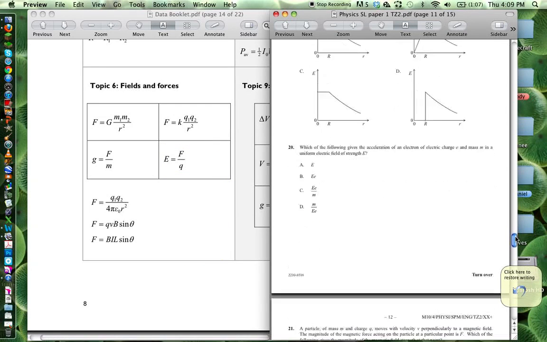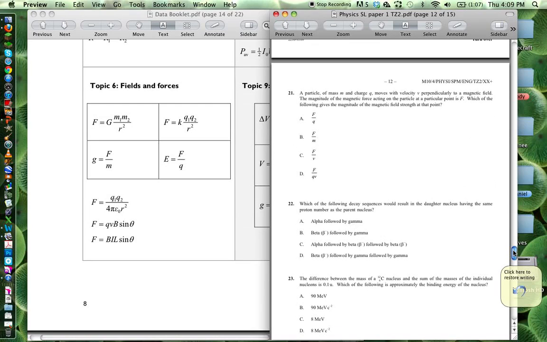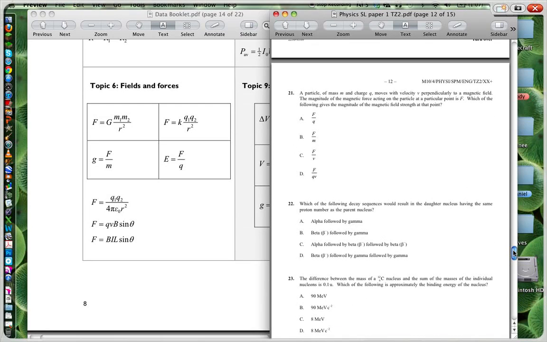Fine, going down here to this one. It says a particle of mass m and charge q moves with a velocity v perpendicular to a magnetic field. The magnitude of the magnetic force acting on the particle at a particular point is F. Which of the following gives the magnitude of the magnetic field strength?